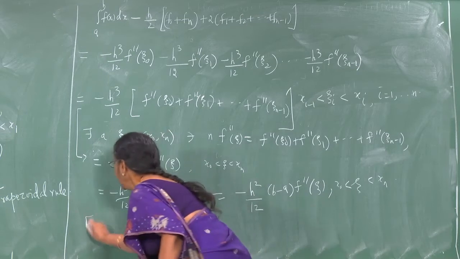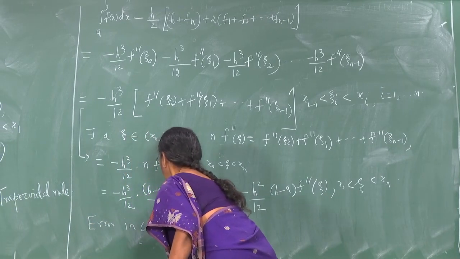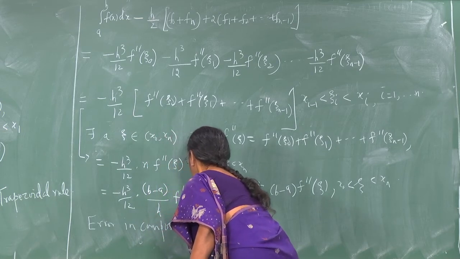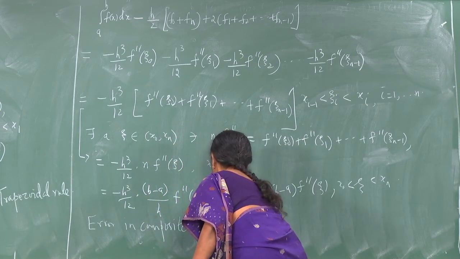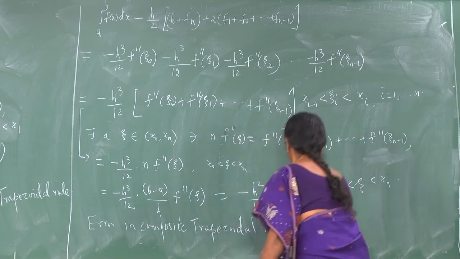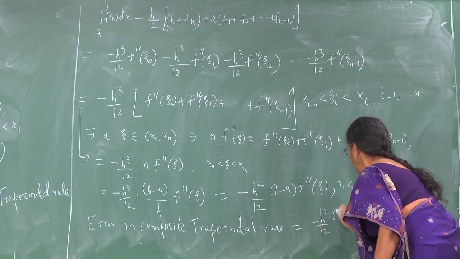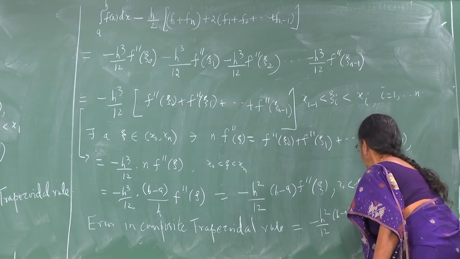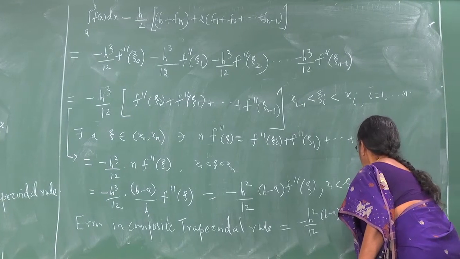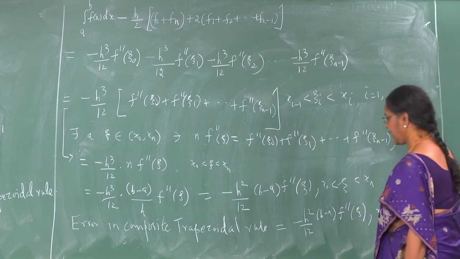So, the error in composite trapezoidal rule is minus h square by 12 into b minus a into the second derivative at psi for psi lying in this interval x naught to x n.